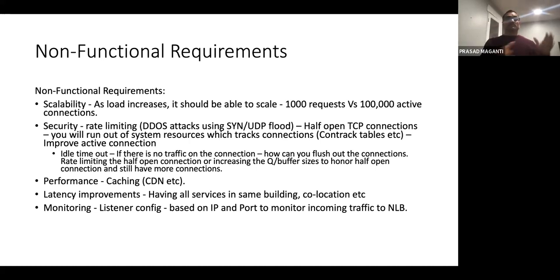You can have content delivery networks wherein, based on the geography, you will have certain caching content delivery mechanisms. Whoever is nearer to that location will give you the cached content rather than going to the server all the way. Those are certain things that you can always look at.